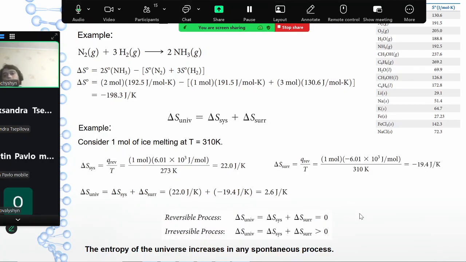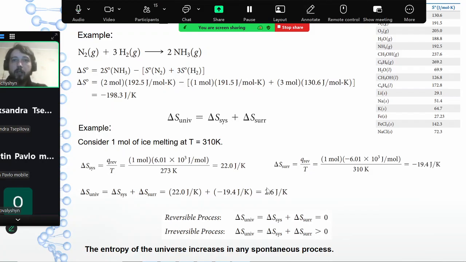Why may we want to know this value? Because if we consider the entropy of the universe, meaning the system plus the surroundings, we should get a result that is either 0 or greater than 0. If it is 0, the process is reversible, so it may go in one direction, it may as well go in the other direction.